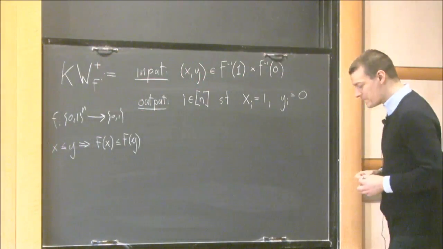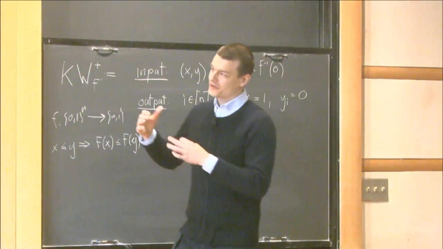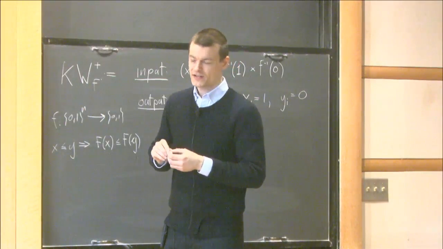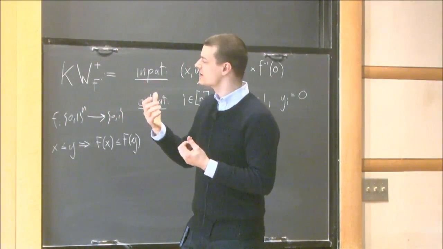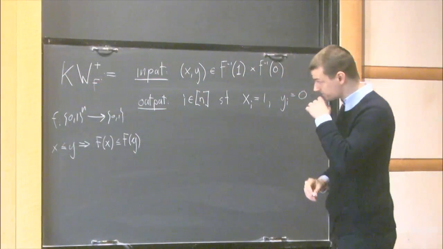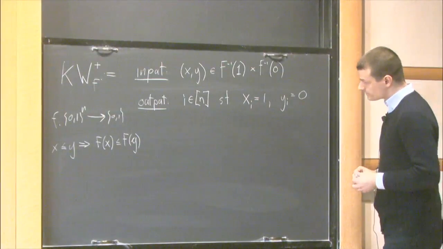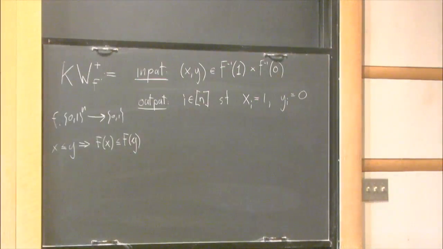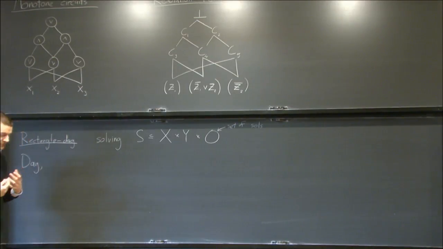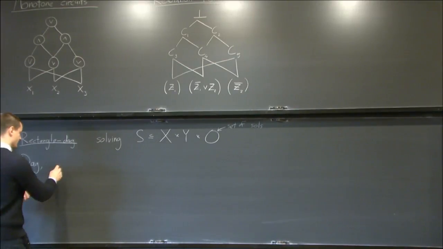So I want to derive this upcoming model by extracting the definition out of a circuit. I want to somehow abstract what it means for a monotone circuit to solve this kind of search problem. Okay, so it's a DAG, this model, and each node of the DAG comes with a feasible set of inputs, which is a rectangle.